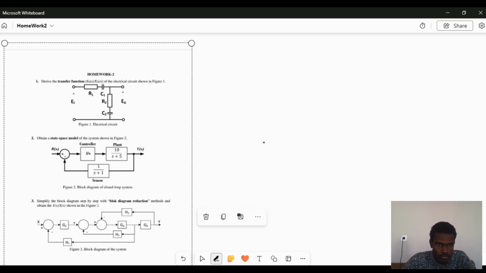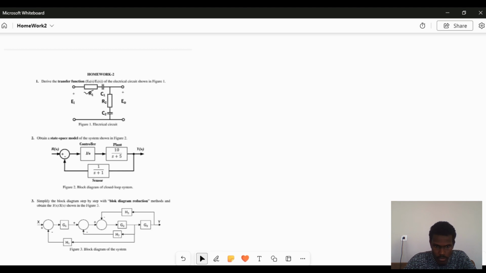We can call these R equivalent 1 and R equivalent 2. So let's find R equivalent 1 and R equivalent 2.